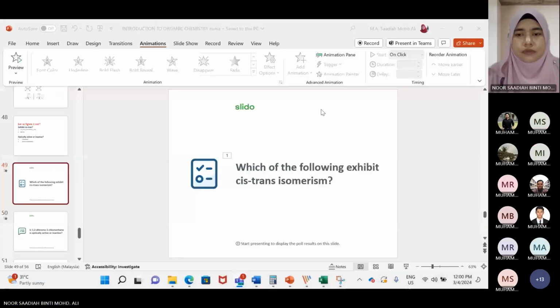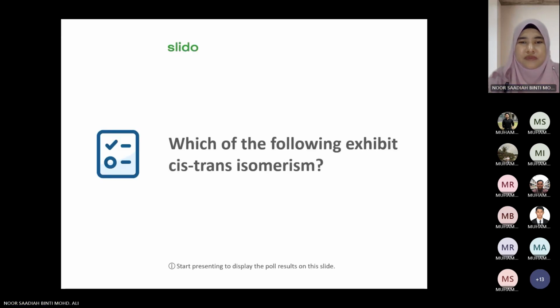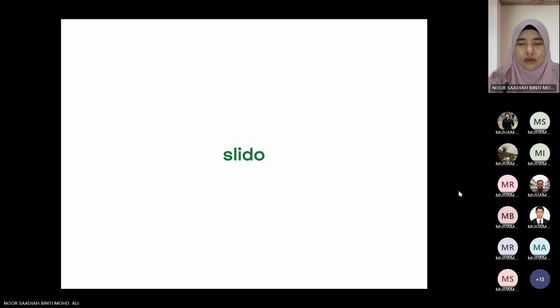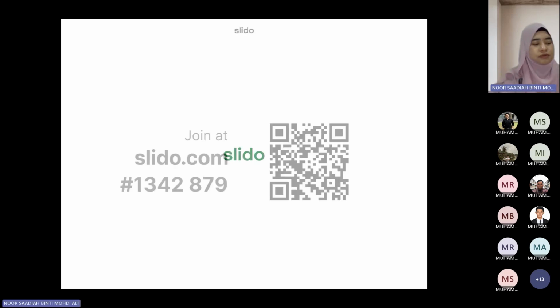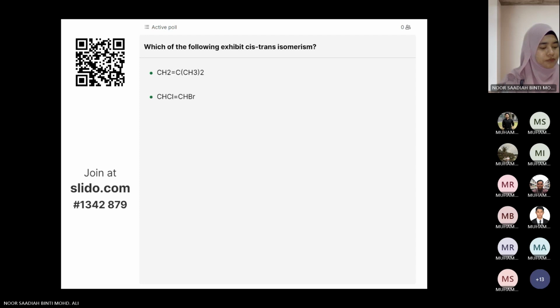Be prepared with your handphone. Please scan the QR code and change the anonymous to your name, and then choose which of the following exhibit cis-trans isomerism.